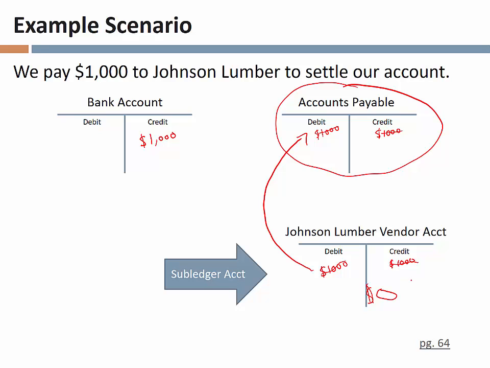So if you think about what happened from a big picture view, and it's not all shown here, but on the other account we worked with a moment ago, our materials account, maybe I still have my $1,000 of lumber sitting there. So when all is said and done, I have a debit value for materials of $1,000, and I have $1,000 less cash. But the actual postings as we went along played out the way that I just illustrated.